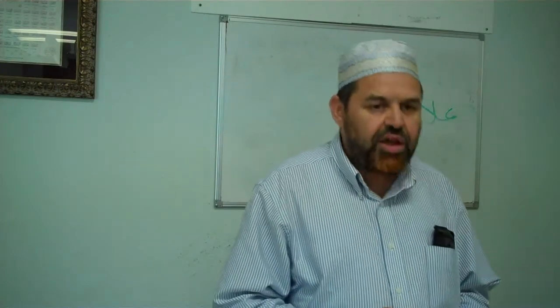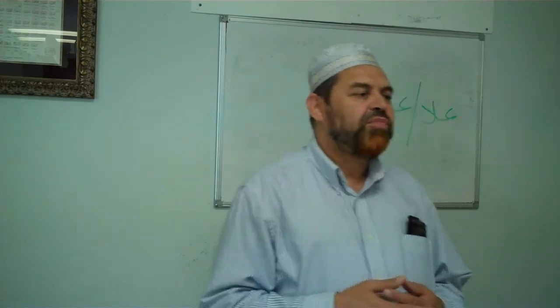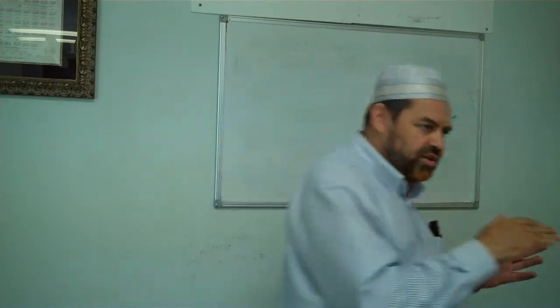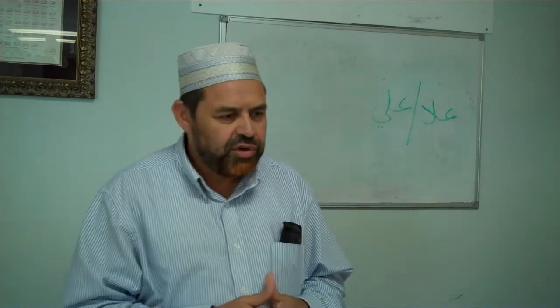Now masha is the verb. It is past tense, and if you are making the conjugation, masha means he, a third person, a man, walked. If someone walked, you say masha. Do you know how, if you make the conjugation, you say I walked?